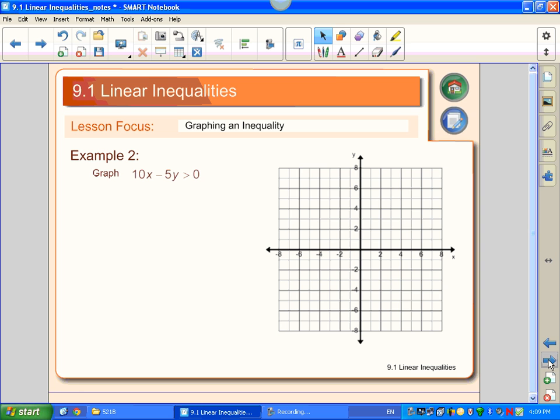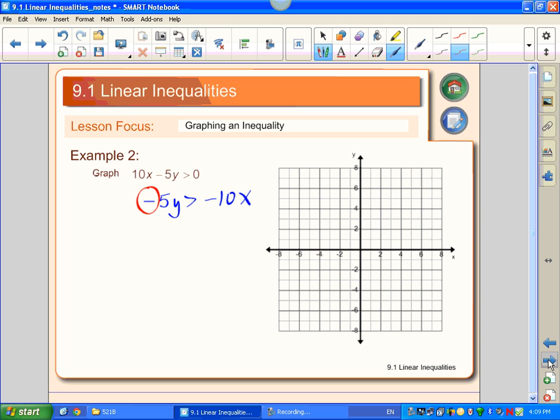Okay, example 2. We need to graph. So let's put this into y equals form, or slope y-intercept form is the correct terminology. And we have an issue right here, because the way I have done this, I now have a negative in front of that coefficient. So it's a -5.